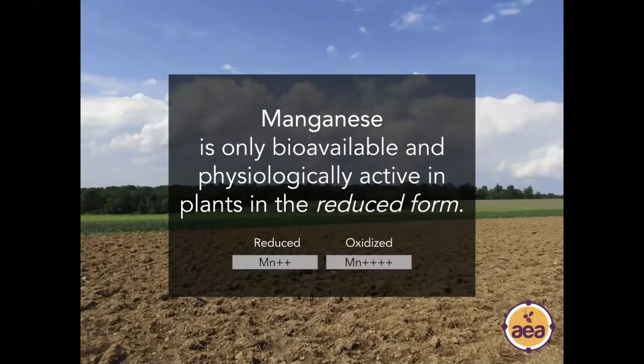Plants do not seem to absorb oxidized manganese. So it's possible to have soils that have high levels of manganese, but on a tissue analysis and on a sap analysis, the crop is deficient. With iron, on the other hand, most soils have high levels of oxidized iron and low levels of reduced iron. When they have an abundance of oxidized iron, the plant does actually pick it up, unlike manganese.